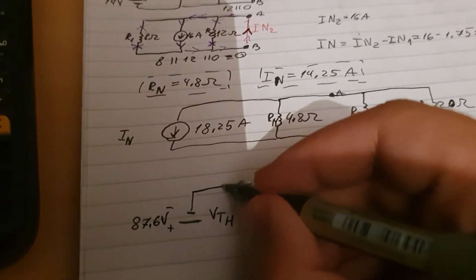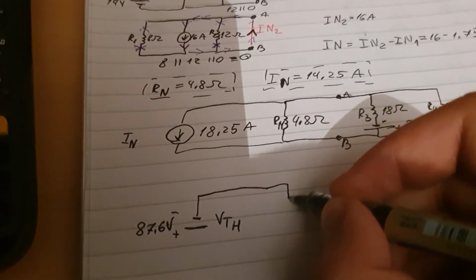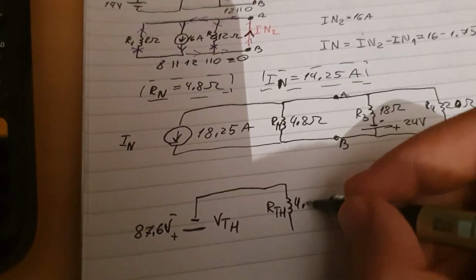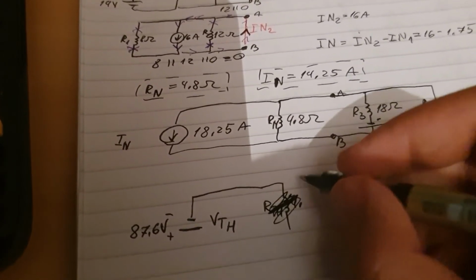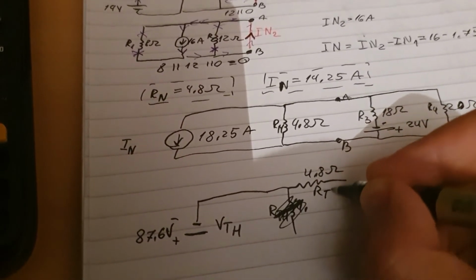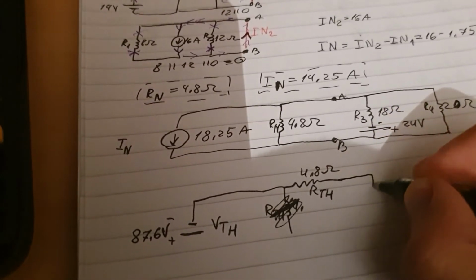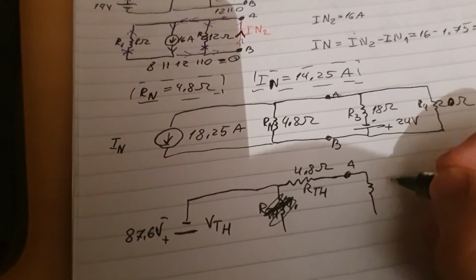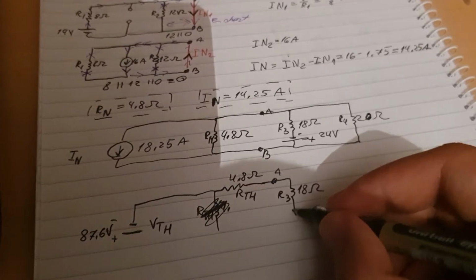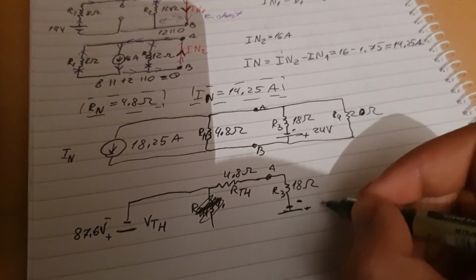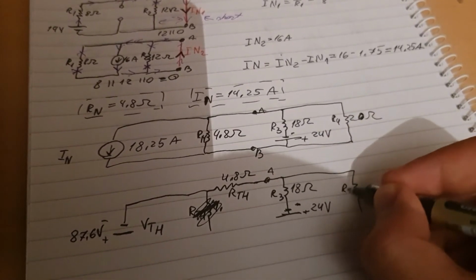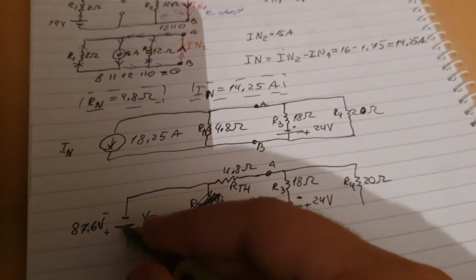And then this one will stay the same, so RTH will be 4 oh no, wait, it's not in this direction, it's in this direction, because it becomes a series one. 4.8 RTH, and then it will be like point A. This one will be 18 ohms R3, minus positive, yep, 24 volts. This one will be here, that will be R4, that will be 20 ohms. There you go.